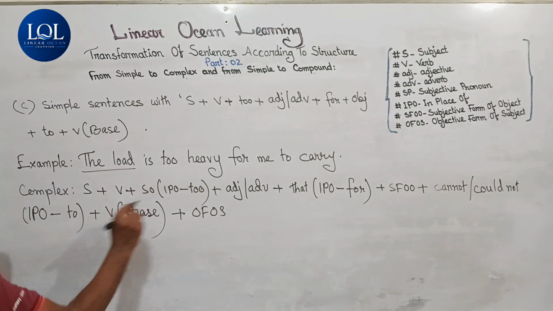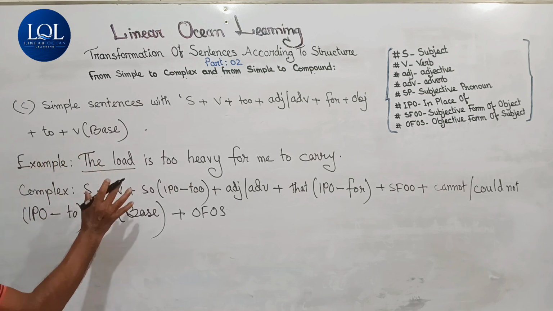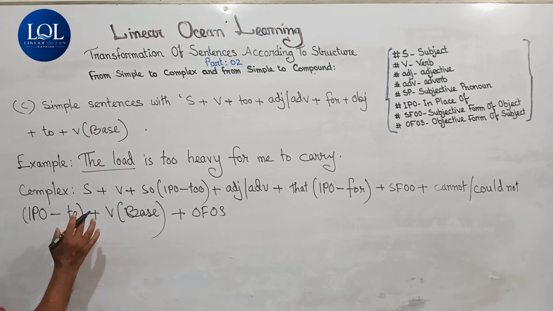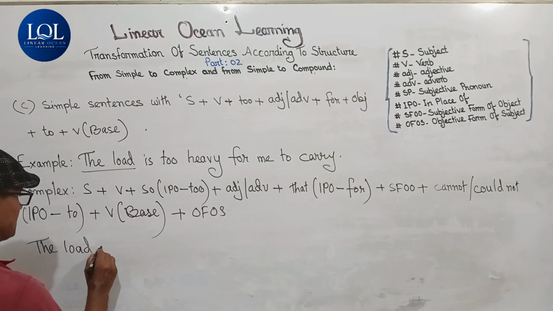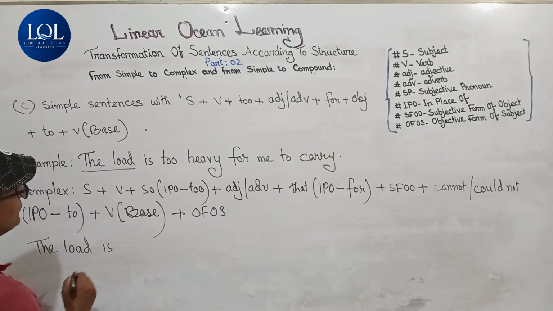So let us follow the structure and put down all the words one by one, then we will get the complex sentence. Subject, the load, verb is here.